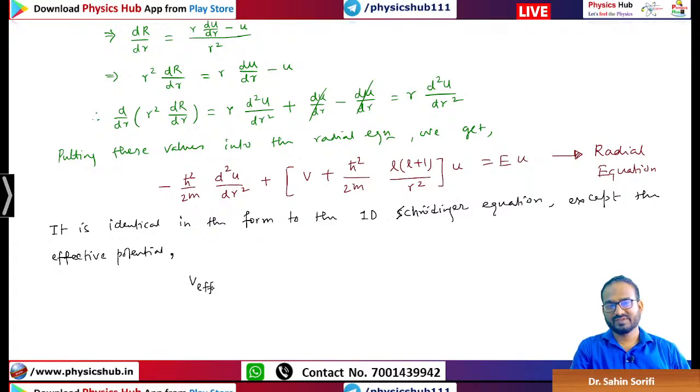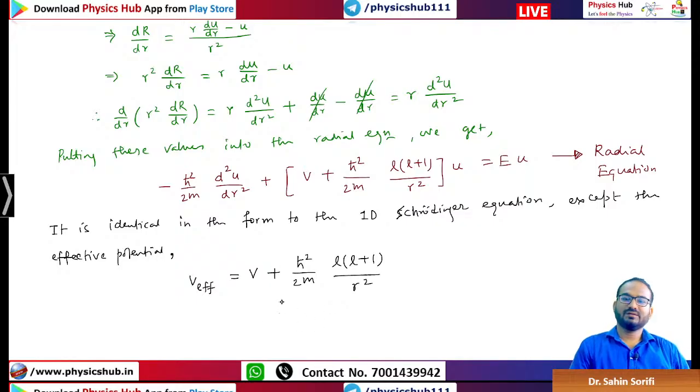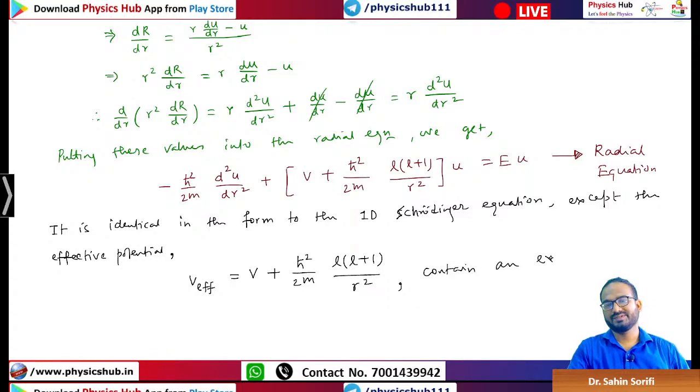How do you define it? V effective is V of r plus h-bar squared by 2m L times L plus 1 by r squared. So it is identical in form to the Schrodinger equation, except the effective potential contains an extra piece. What is that extra piece? h-bar squared by 2m L times L plus 1 by r squared. This is known as the centrifugal term.